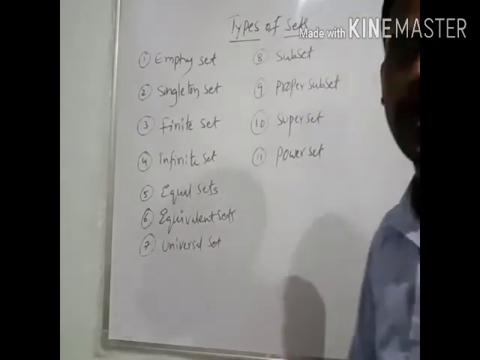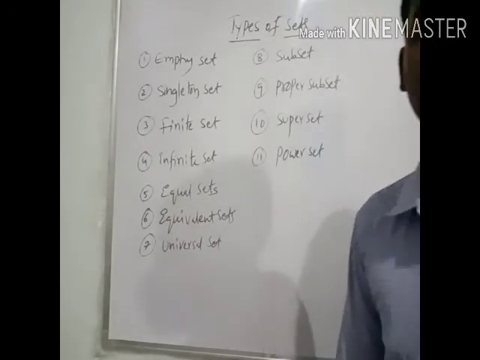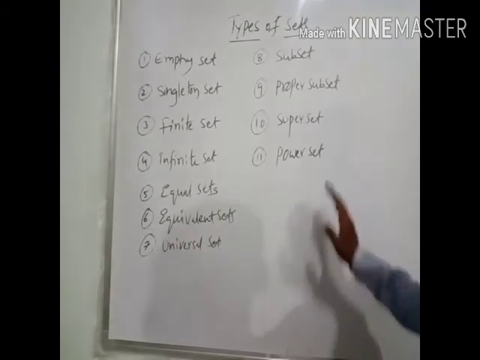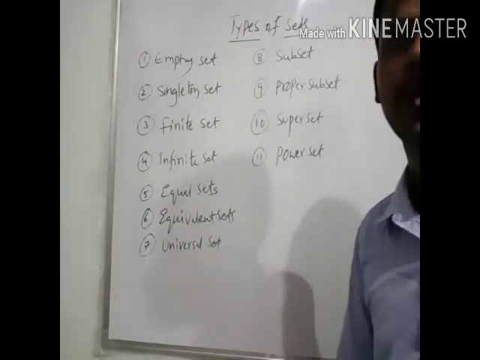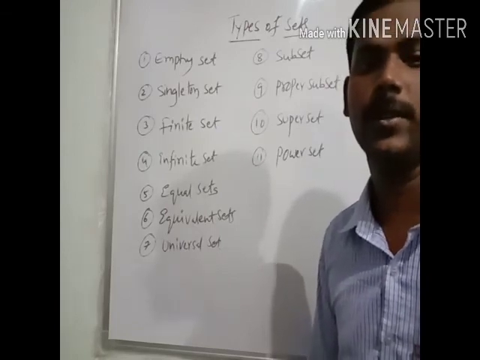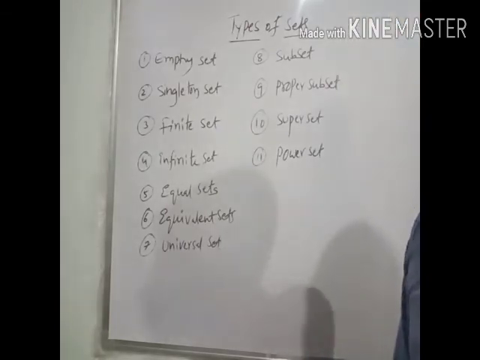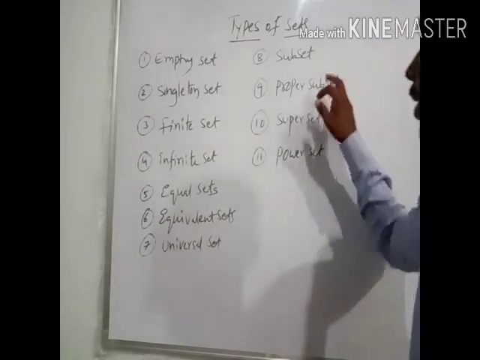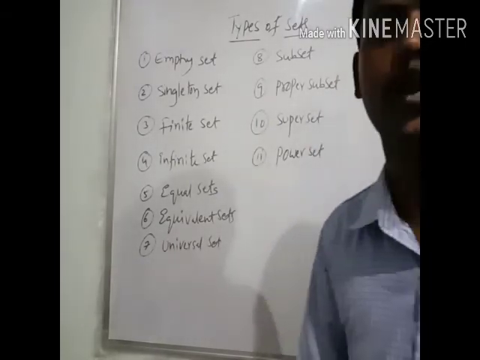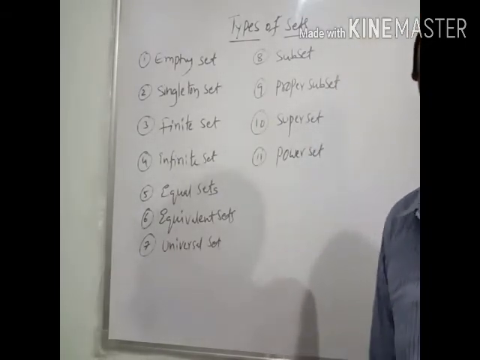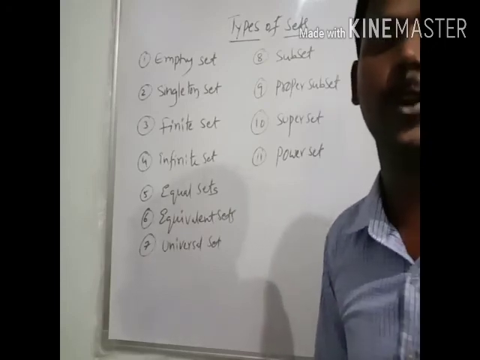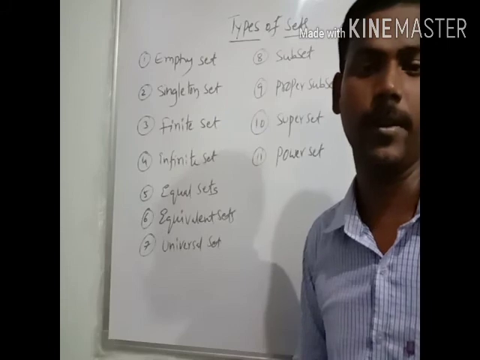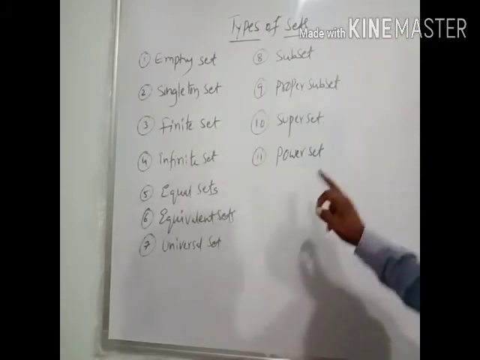Next, power set. The set of all subsets is called the power set. So what is the formula for the number of subsets? If n(A) equals n, the number of subsets is 2 to the power of n. What is the formula for the number of proper subsets? If n(A) equals n, the number of proper subsets is 2 to the power of n minus 1.